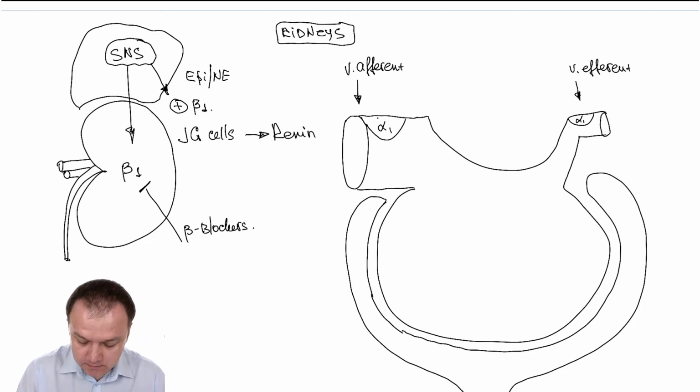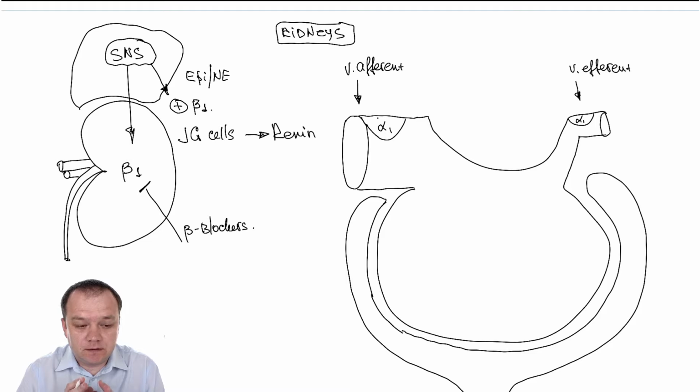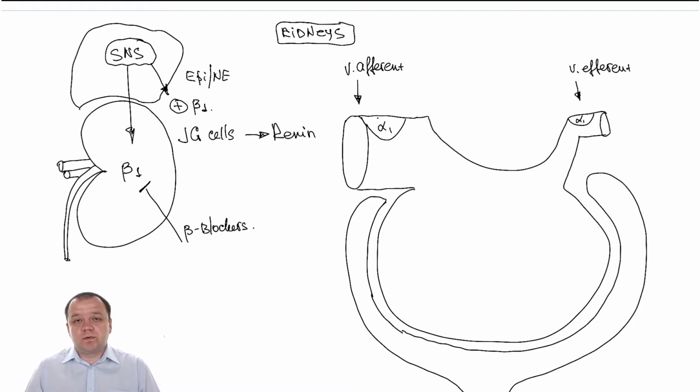Vas efferent has a smaller amount of alpha-1 adrenergic receptors, and we know that alpha-1 adrenergic receptors couple with Gq proteins.